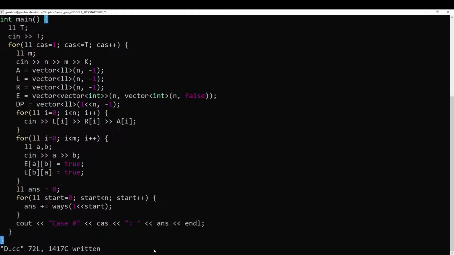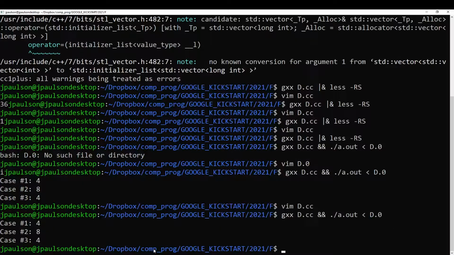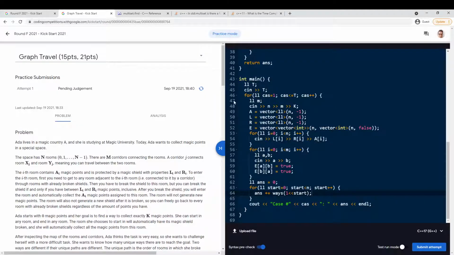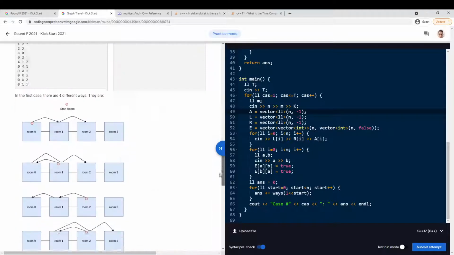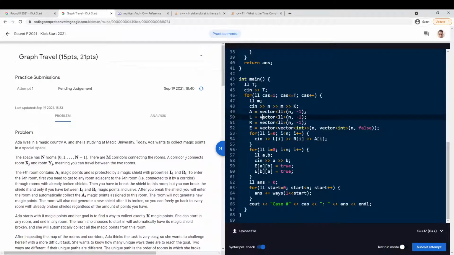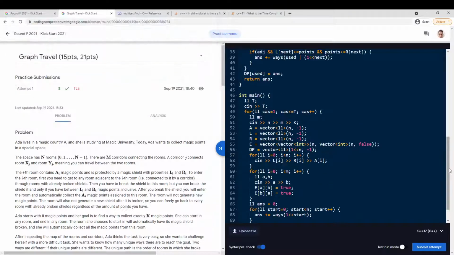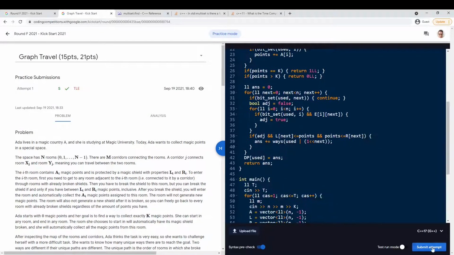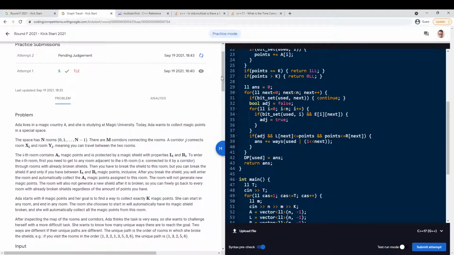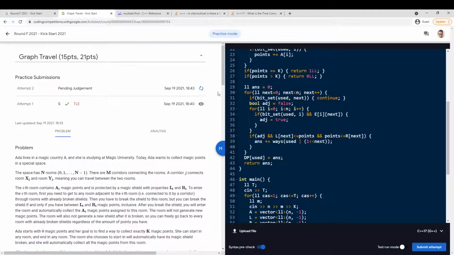Possible subsets. So slow. Let's let this run a little faster. Okay, good. Test set 1 passes, TLE on test set 2.